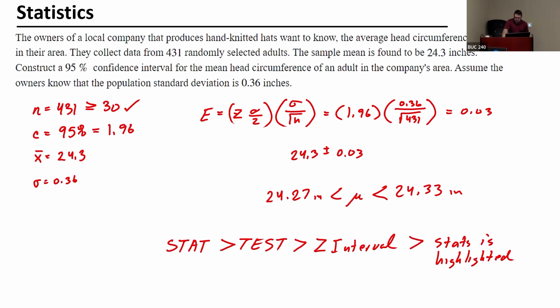If you're in the TI 84, it should be giving you a standard deviation, an X bar, an n, and then a confidence level and a calculate. I think on 83s, does it give you the same thing on 83 if you go to Z interval? If not, give me a professor, we can look it over.